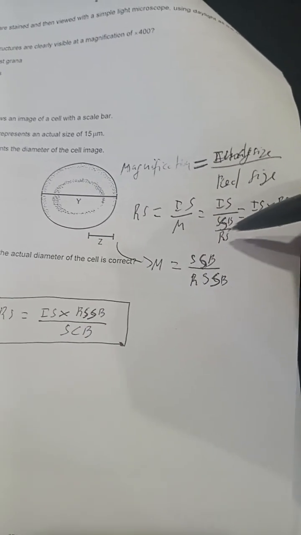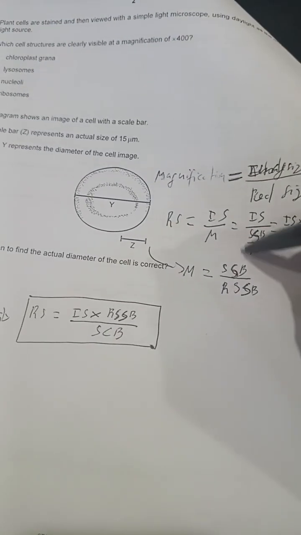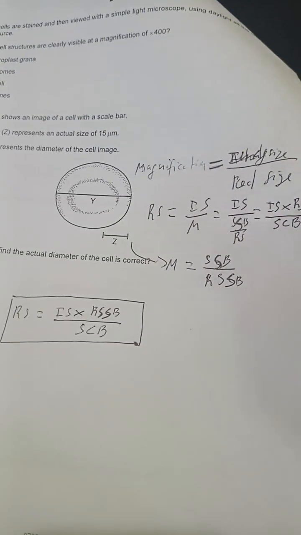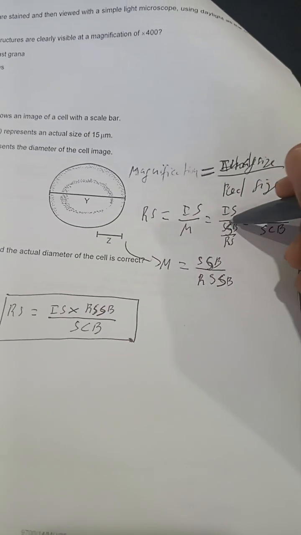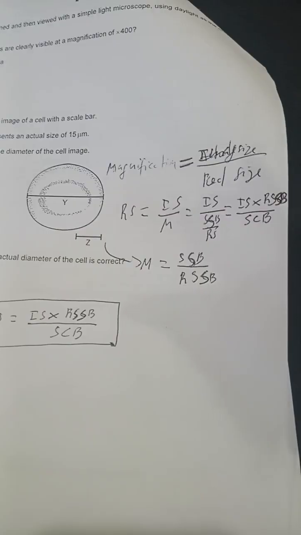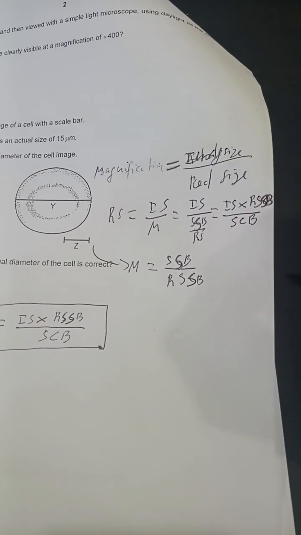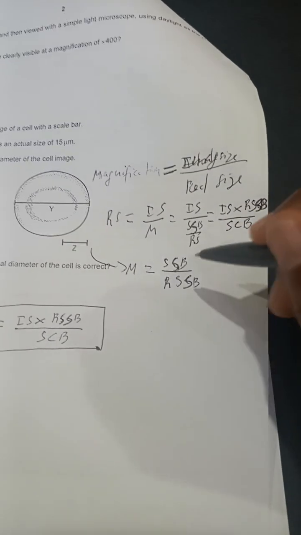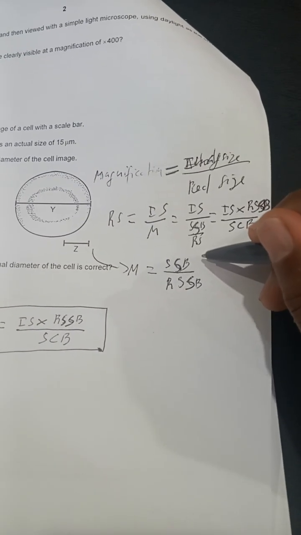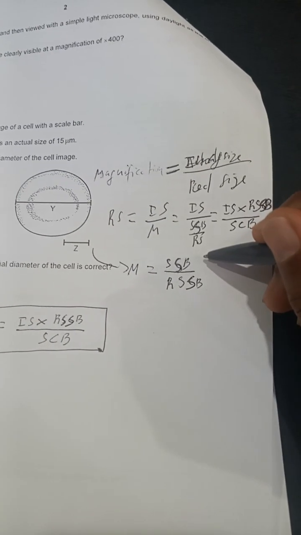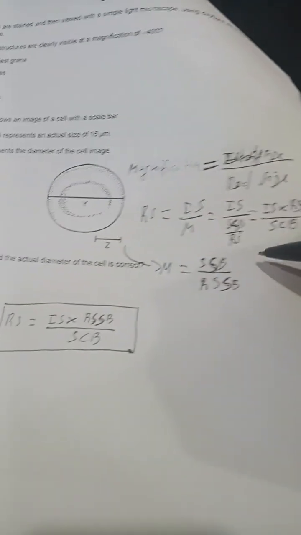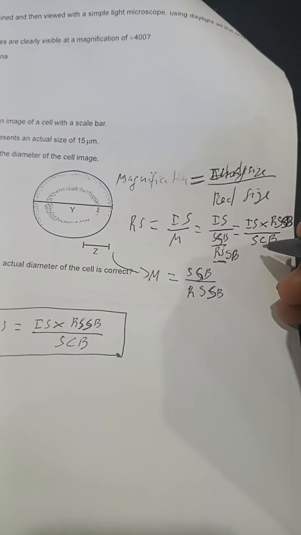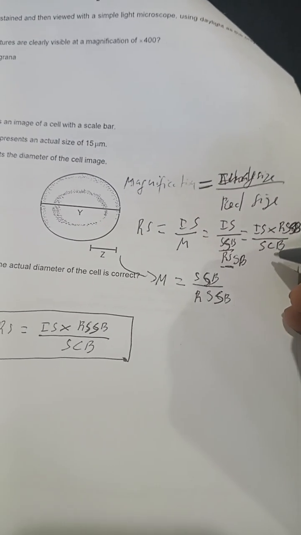We want to make sure that this is a multiplication, so we're going to invert this fraction here. So it's going to be image size times, now by inverting, the real size of the scale bar, which is here, over the size of the scale bar.